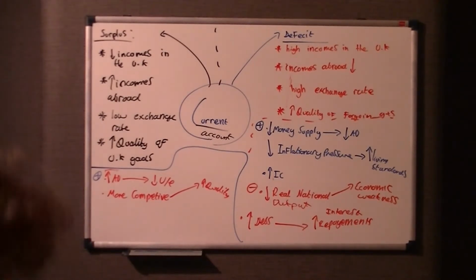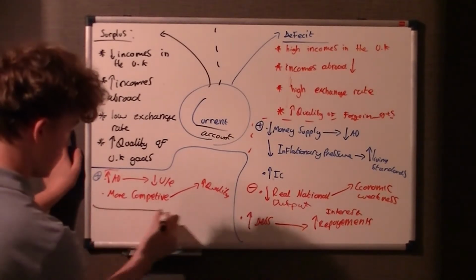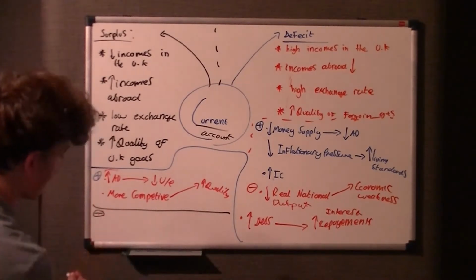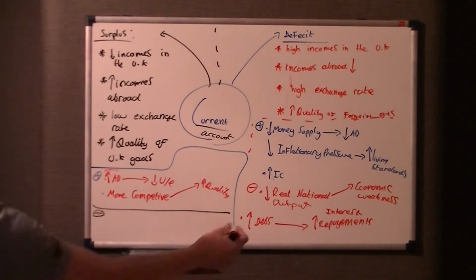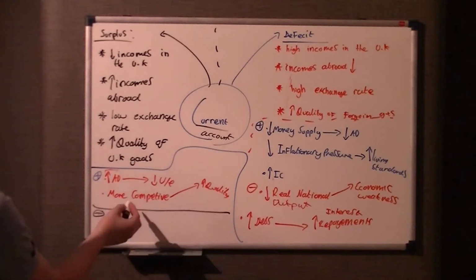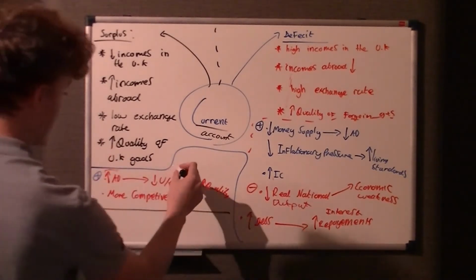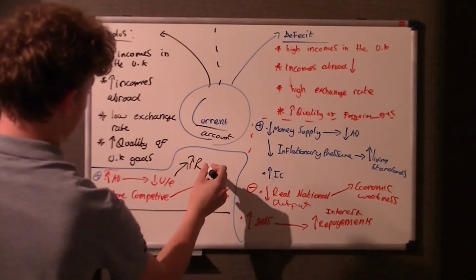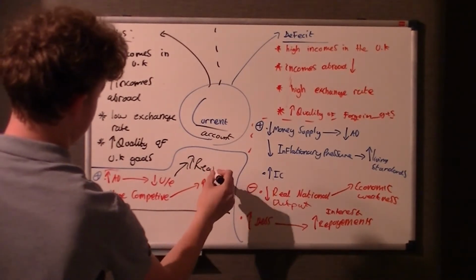So, the disadvantages. There are two advantages, and just like this one, we're going to flip it on its head. Now we talked about real national output decreasing here, which is increased here, so I'll put increased real GDP.